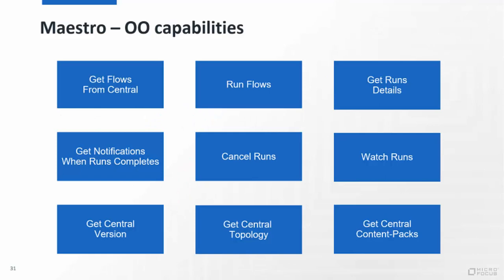Okay, in terms of OO capabilities and what the bot can do, we have the ability to get flows from Central, the ability, of course, to run flows, the ability to get specific run details, to cancel any runs, to monitor existing runs, or even some commands related to Central configuration or understanding your Central environment itself, like the ability to get the Central version, Central topology, and even understand what kind of Central content packs you have out there.